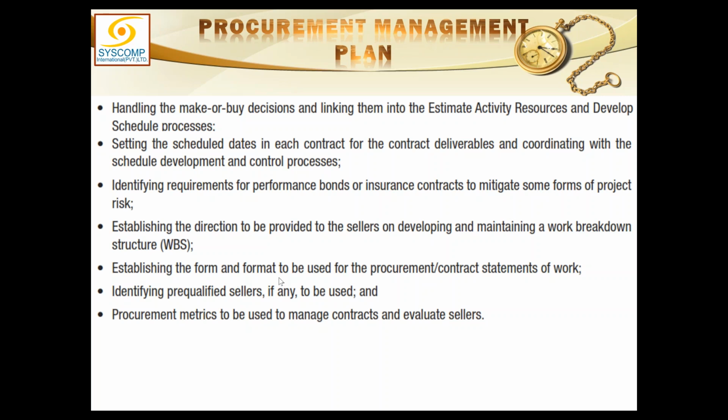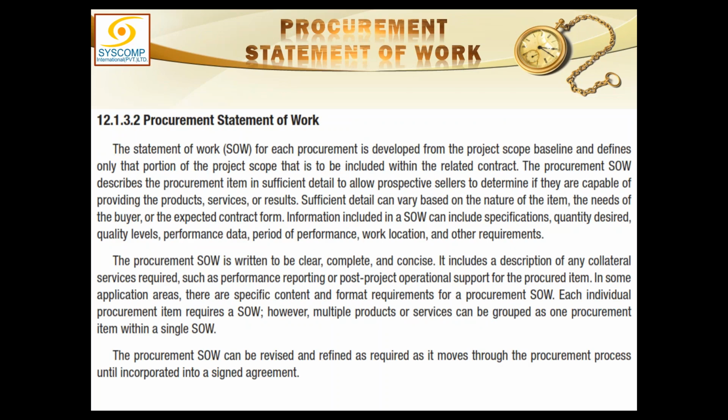Establishing the form and format to be used for the procurement contract statement of work, identifying pre-qualified sellers, if any, to be used, and procurement metrics to be used to manage contracts and evaluate sellers. So you can read through all these things and that would give you a very good picture, but all should be included in the contract. Sorry, in the procurement management plan, not the contract.